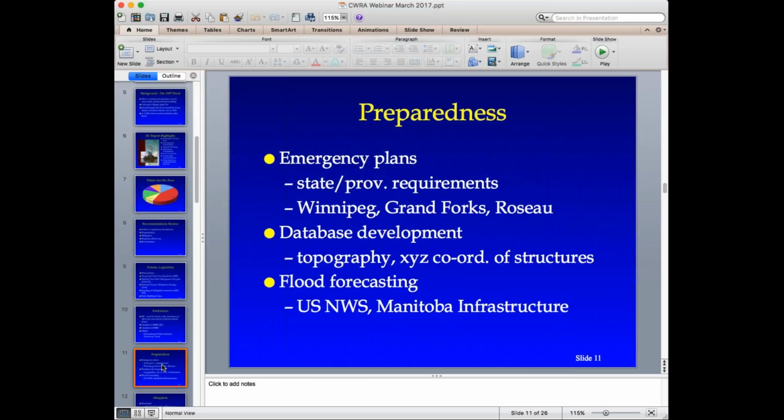The second area in terms of preparedness was a lot of attention to topography and documenting structures in the Red River Basin. The IJC led in the development of a LiDAR digital elevation model for the area south of Winnipeg, and this was at a time when LiDAR was expensive and it was also proprietary, and the IJC paid for LiDAR of that area and gave it to anyone who wanted it, and that kind of broke the back on proprietary LiDAR.